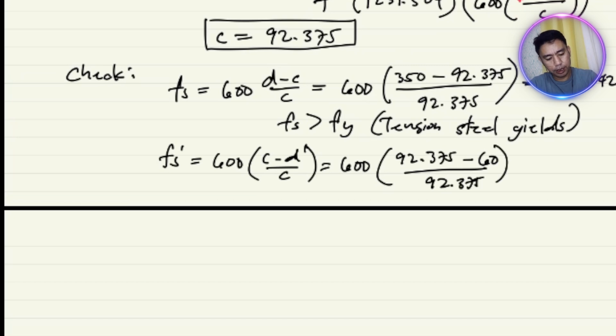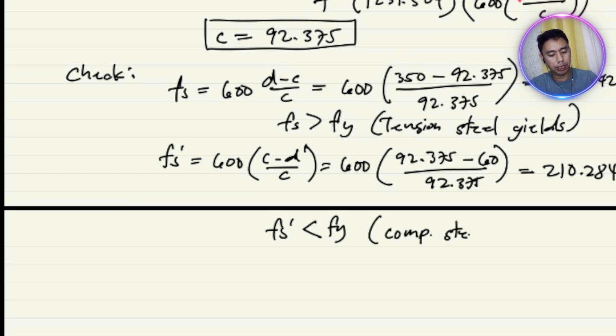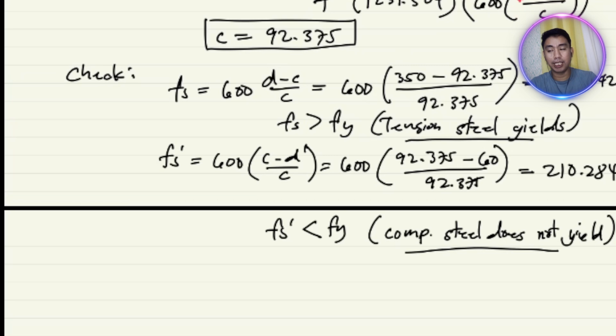This is equal to 210.284. Okay? So Fs prime is less than Fy. So that means the compression still does not yield. Okay? Ito yung assumption natin. Compression still does not yield, tension still yields.